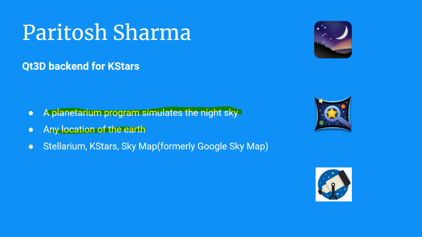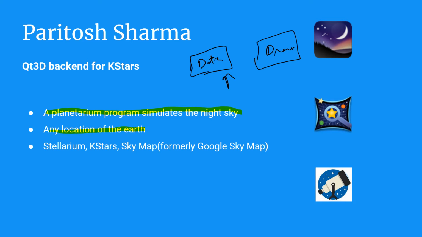Now there are mostly two parts to these planetarium softwares. One part focuses on getting the data of the positions of the objects in 3D or 2D coordinates, and the second part is the drawing part, which actually draws the sky objects from the data.